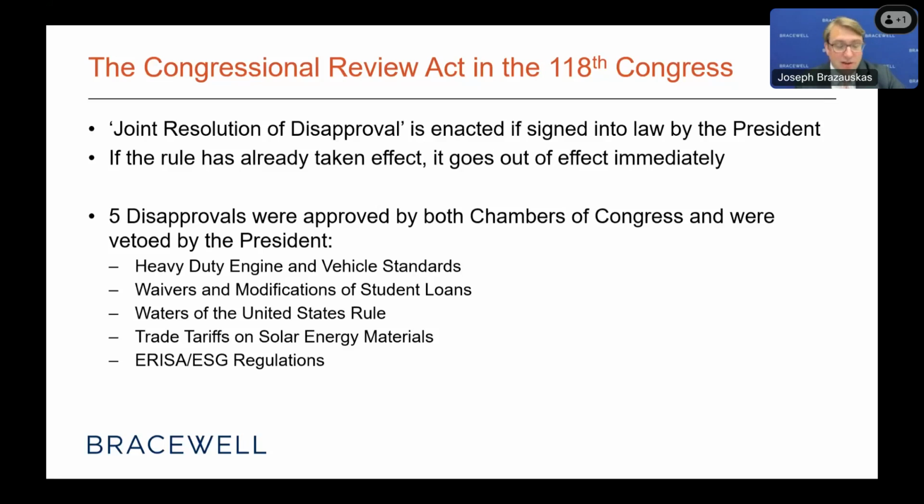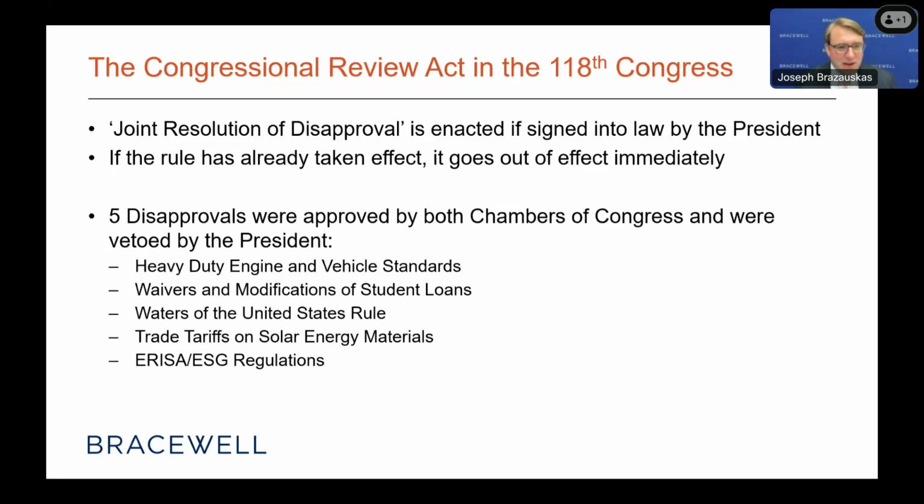We've seen the House and the Senate come to an agreement that some of these rules ought to be disapproved, and the president did veto them. Without the ability of Congress to override a veto with a supermajority, these actions died on the vine.